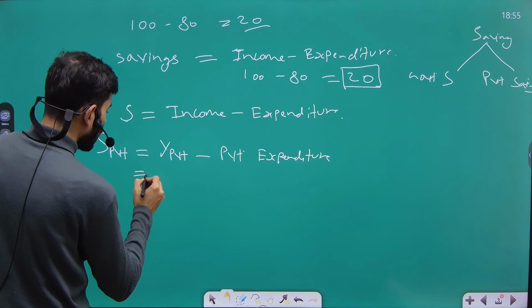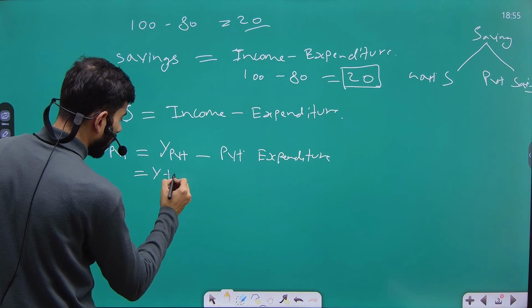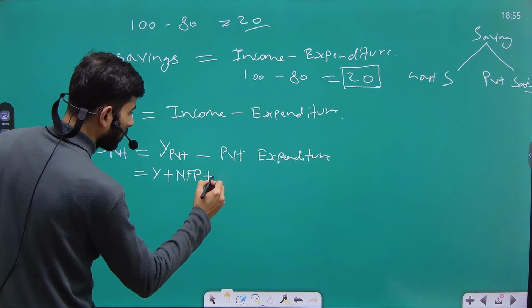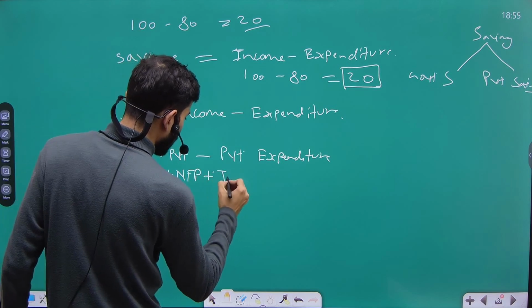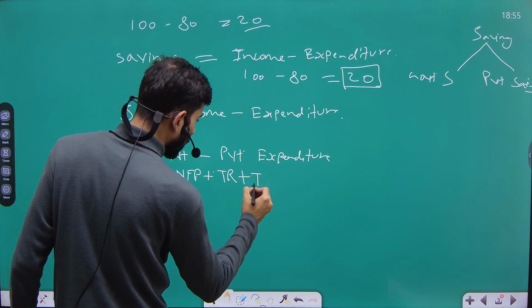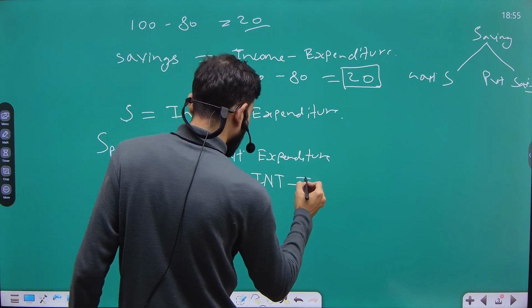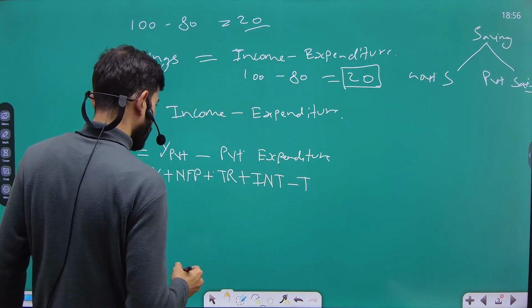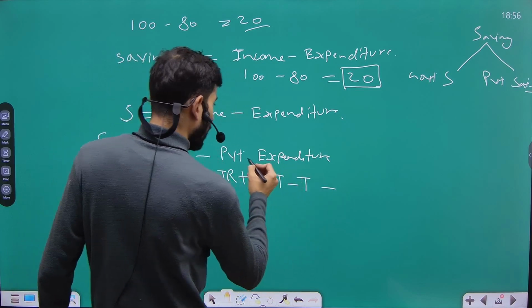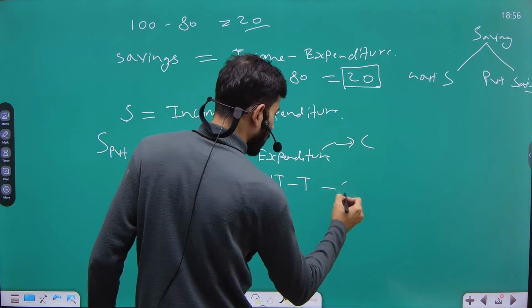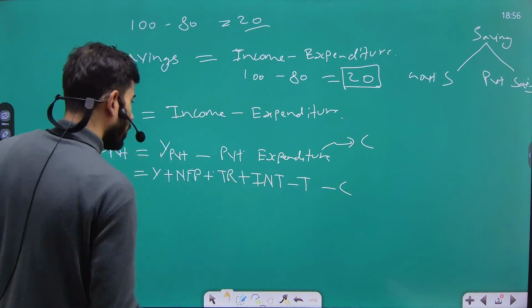So private income was Y plus NFP plus transfers plus interest payment from government, and then we subtract tax payment. And private expenditure is nothing but basically C, that is consumption expenditure, minus C. So this term is private saving.